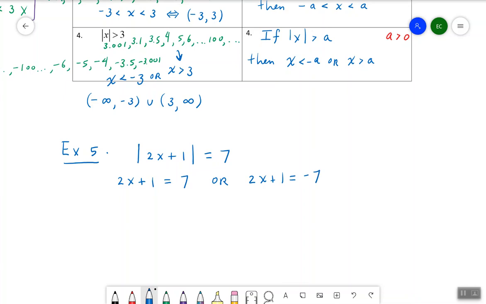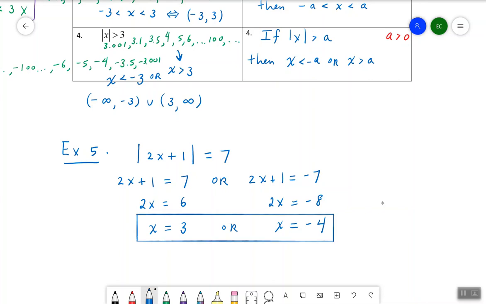And then we can just solve these 2 equations separately. We can subtract 1 on both sides and get 6, and we can divide by 2 on both sides and get our answer 3. And then we can do that again. This time when we subtract 1, we get negative 8, and then when we divide, we get negative 4. And so here are our 2 answers.